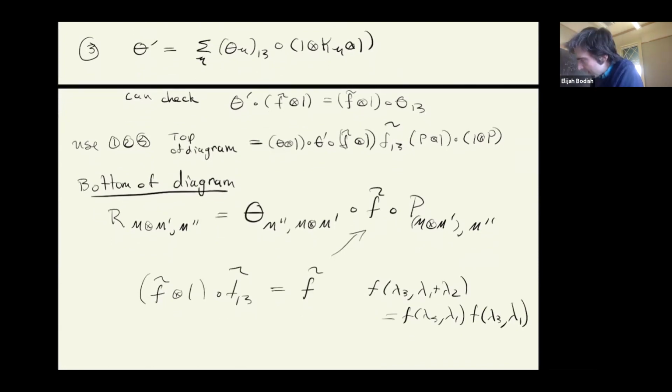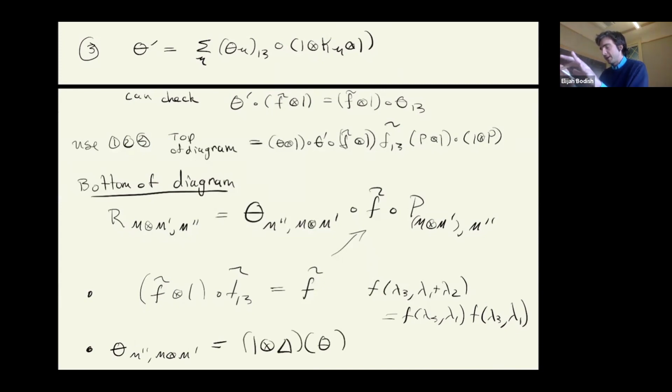And then the second thing that we want is, let me just say one thing: what is Θ_{M'', M⊗M'}? I take the co-multiplication and get Θ to act on that. I have three things in my tensor product.